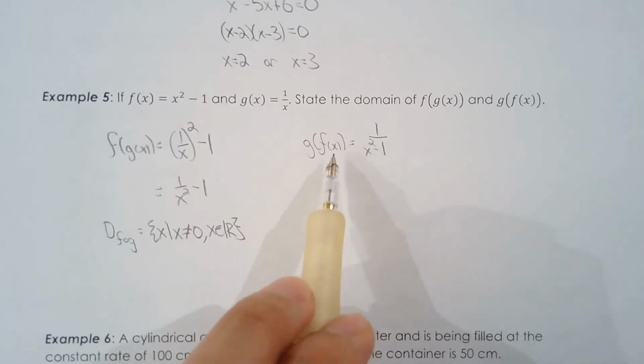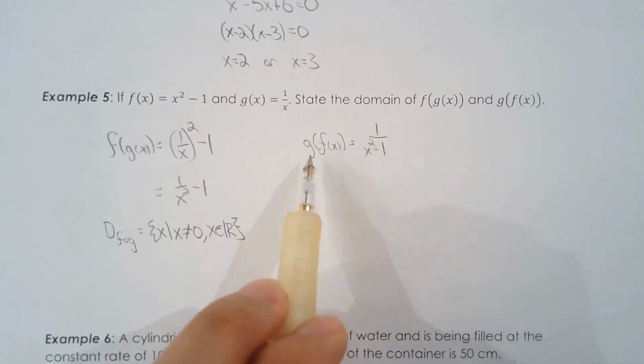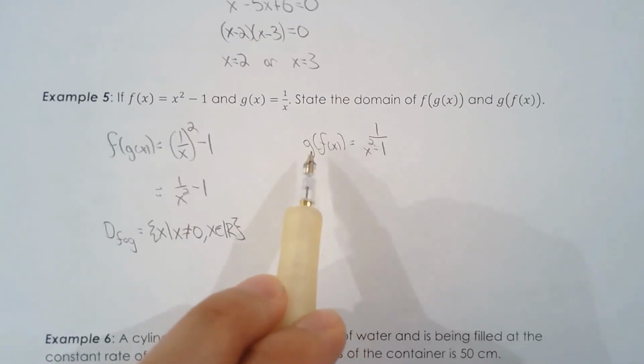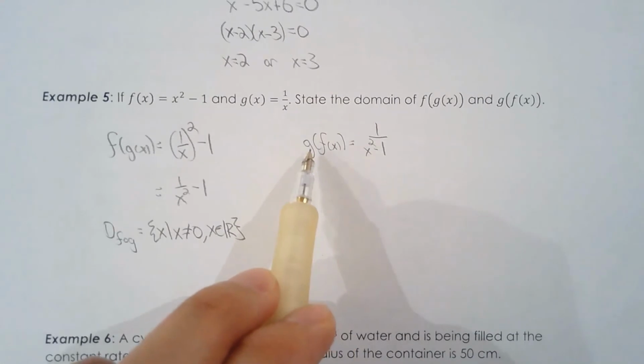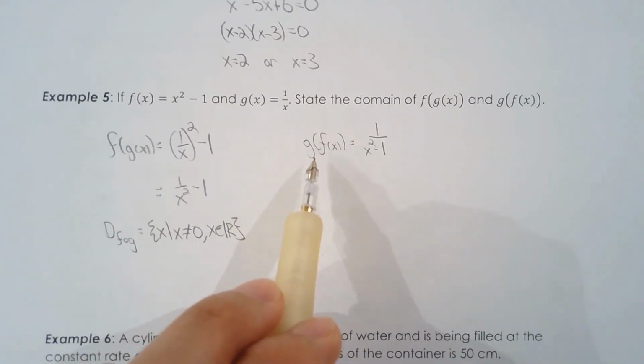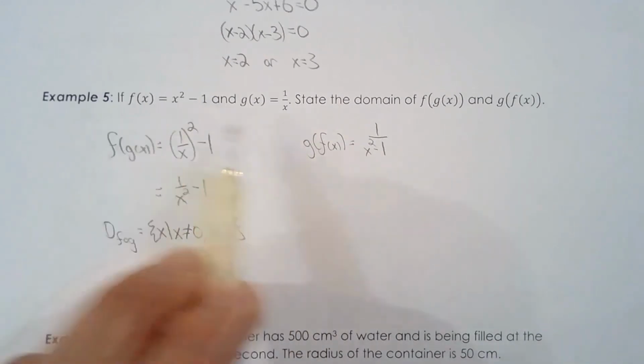We are nesting f of x inside g of x. So you have to be careful with the values that f of x spits out, because they may create a problem. What was not part of the domain of g of x? If you look at g of x, it's 1 over x.